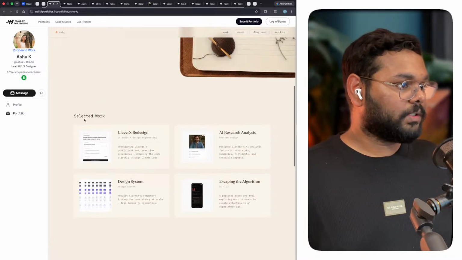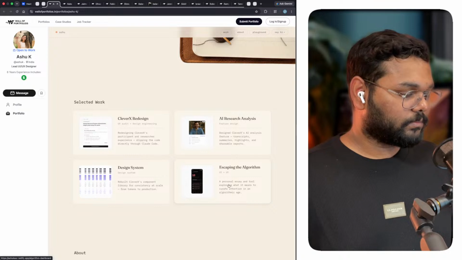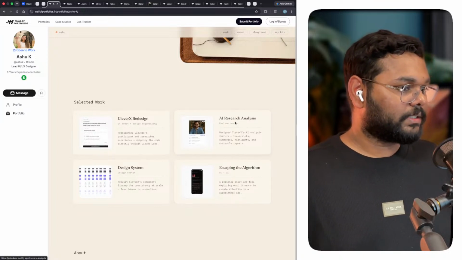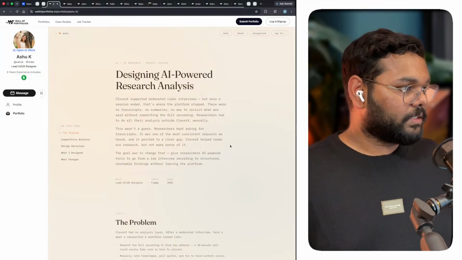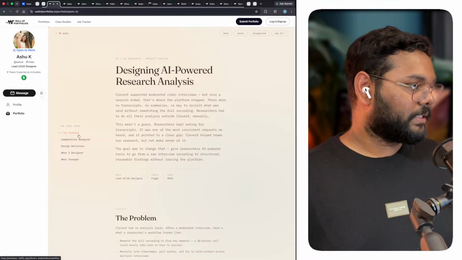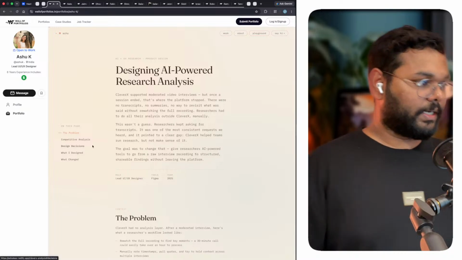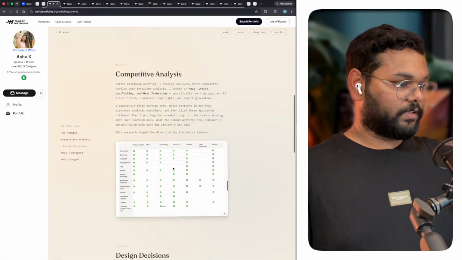Let's look at UI feature design. On the detail page of a case study, these are quick links, and it's very specific. I liked this, and they are in a very short format.